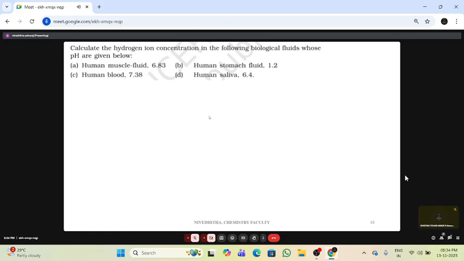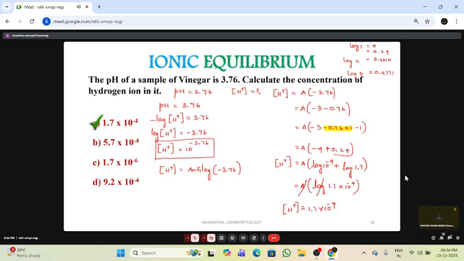So the question is, you have to calculate the hydrogen ion concentration for human blood. pH is given as 7.38. Please try the problem and do it.